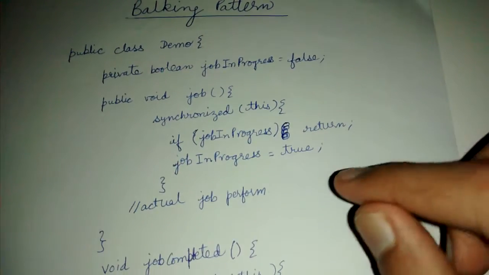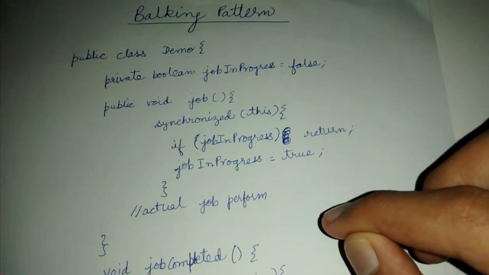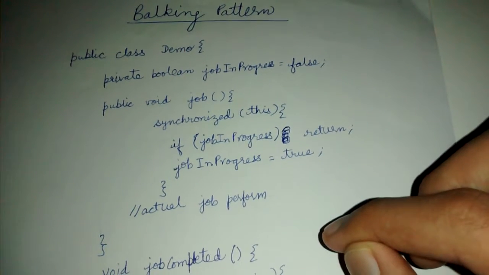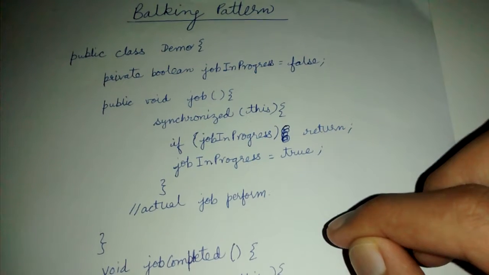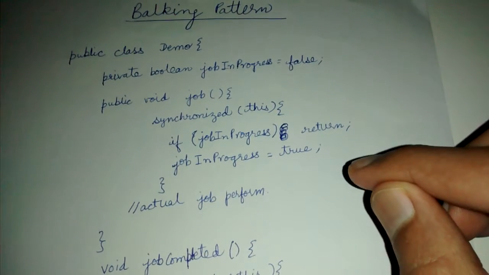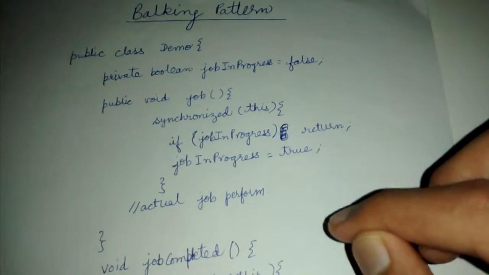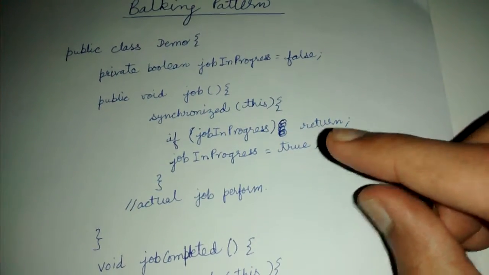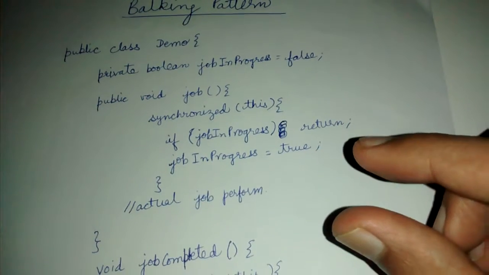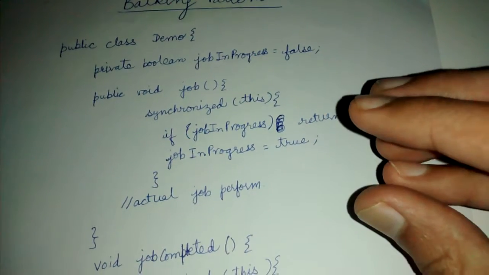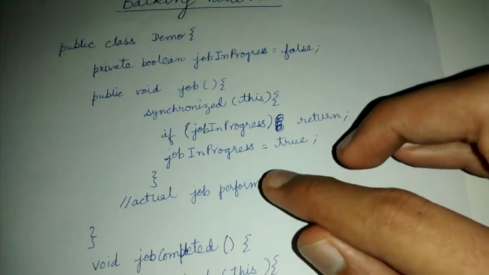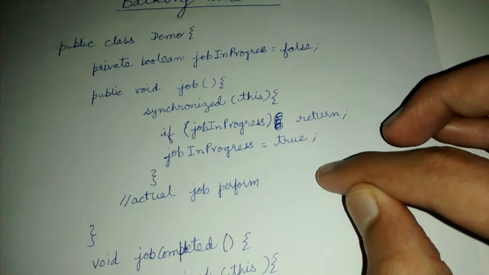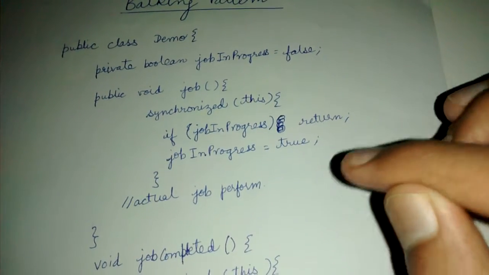As an example, we can consider, let's say we are playing a video with VLC media player. So if we want to delete it, we can't delete it. It will show that you can't delete when the video is still playing. So we can perform a job on an object only if it is in a particular state.